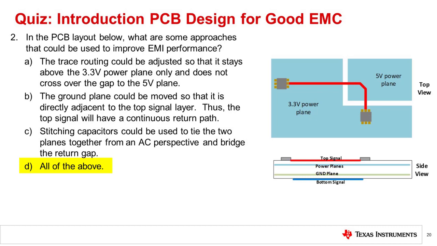Another approach is to make sure that the signal trace is always adjacent to a solid ground plane, so changing the stackup so that ground is beneath the top signal will work. Finally, providing a connection with a stitching capacitor between the planes is a possible approach to connect the two planes from an AC perspective.